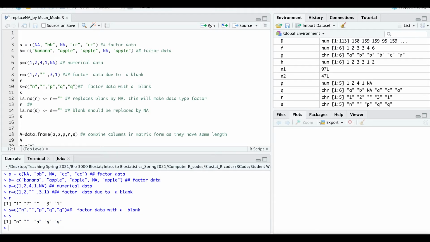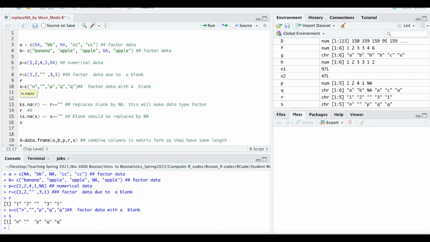Now what we want to do first is, for the R and S vectors, replace the blank by NA. How? We write is.na(R) and then this equals blank, meaning if it is a blank, then we replace it by NA. That's what it is doing.